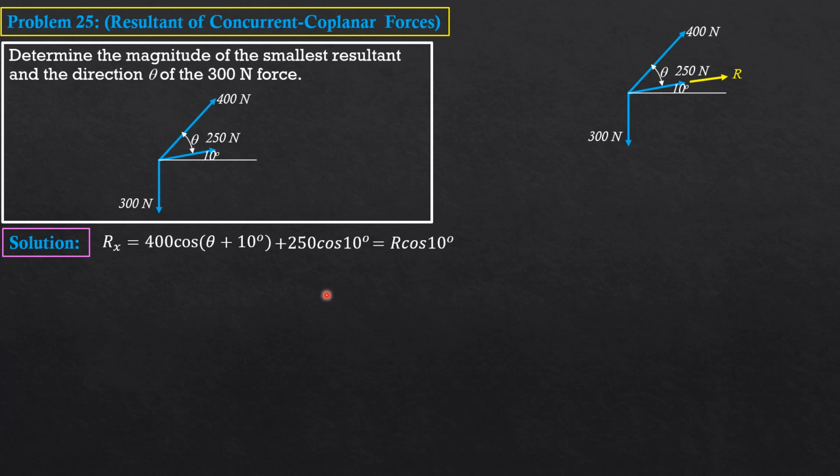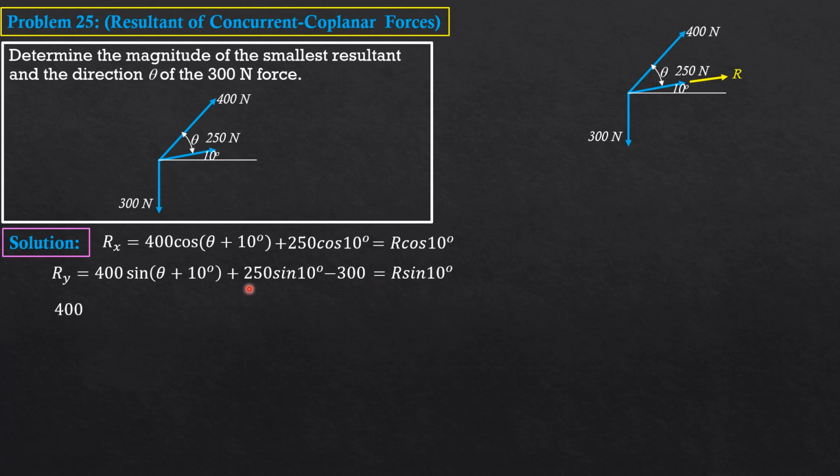Then Ry equals 400 sine of quantity theta plus 10 degrees plus 250 sine of 10, then minus 300, equals the vertical component of the resultant, R sine of 10 degrees.